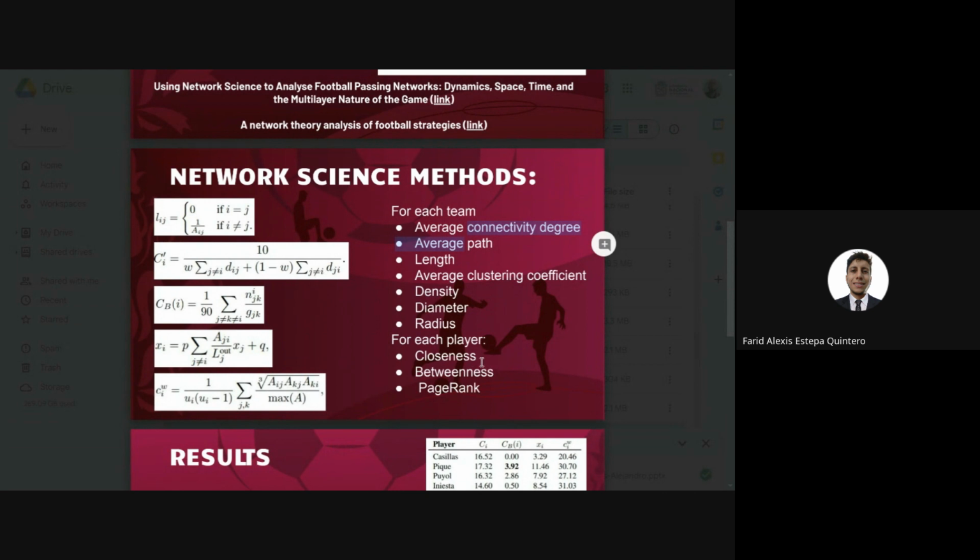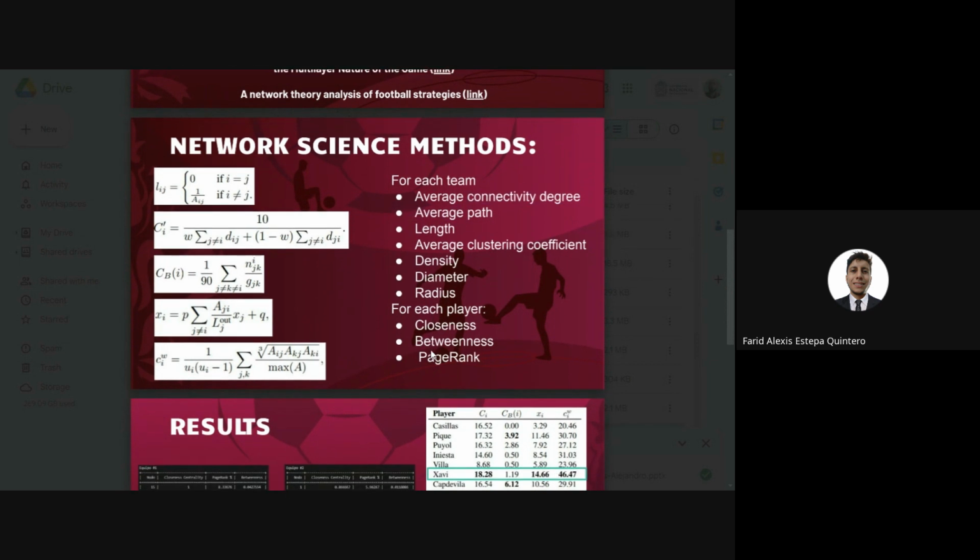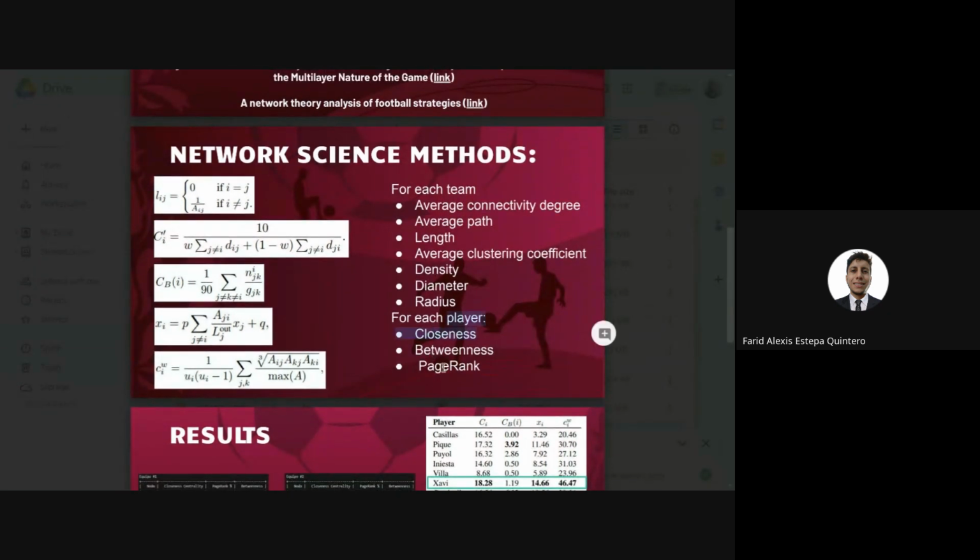The closeness in this case provides a direct measurement of how easy it is to reach a particular player within a team. The betweenness in this case study provides a measure of the impact of removing that player from the game, for example, getting a red card or being isolated by the rival's defense.